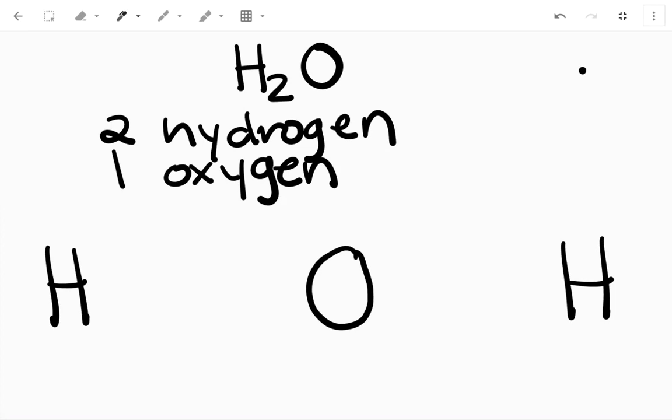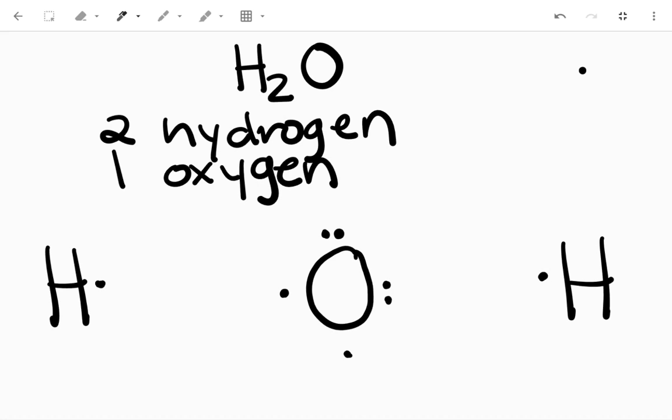The first thing you should do is find out how many valence electrons these have. Oxygen has 6, hydrogen has 1. Let me make this a little bigger. Hydrogen has 1. Now, we want them to get their full valence shell. For hydrogen, that means 2, because helium is the closest noble gas.